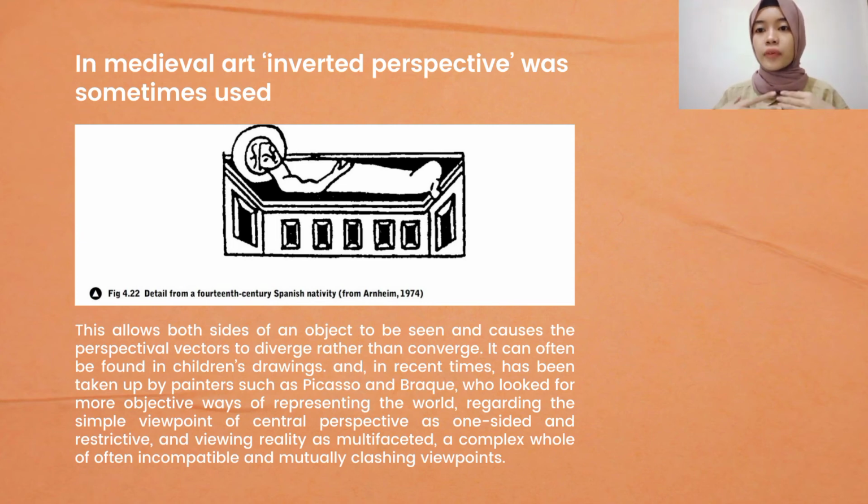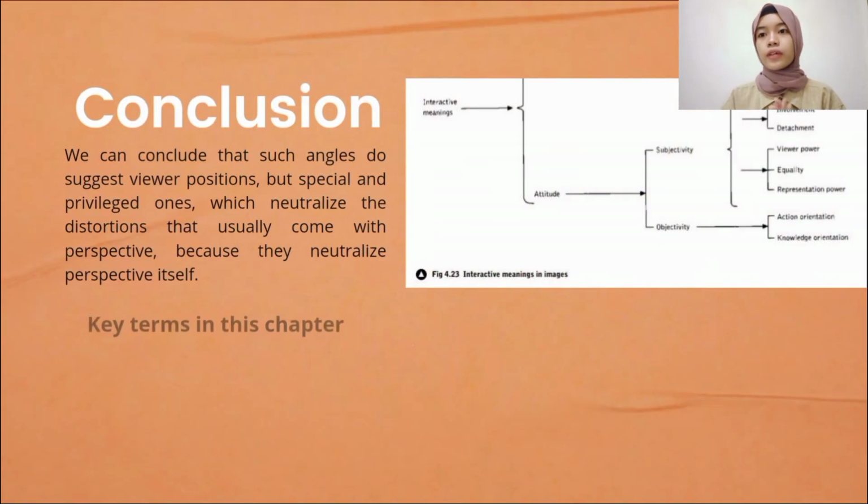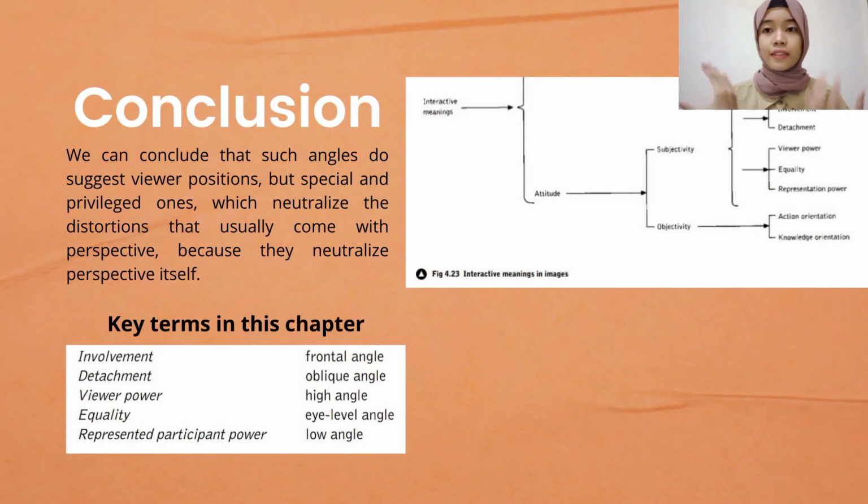It can often be found in children's drawings, and in recent times has been taken up by painters such as Picasso and Braque, who looked for a more objective way of representing the world, regarding the single viewpoint of central perspective as one-sided and restrictive, and viewing reality as multifaceted, a complex whole of often incompatible and mutually clashing viewpoints.